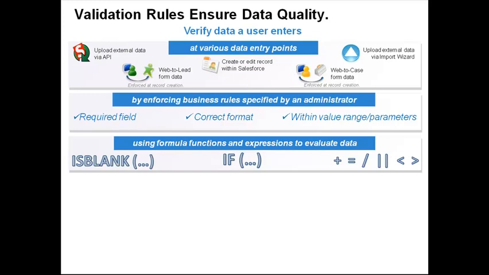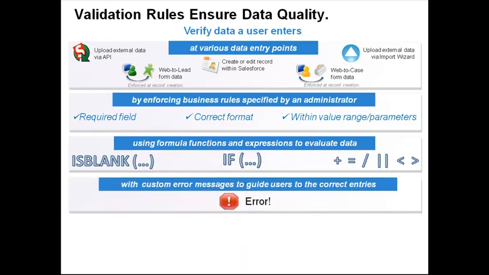To do that, you're going to use formula functions and expressions to evaluate data. I'm guessing the folks who said they have some experience have maybe written a formula field, or maybe have done some validation rules, and are a little bit familiar with our formula language. It's also very similar to Excel, so if anybody's used formulas in Excel, it's going to look a little bit similar to that.